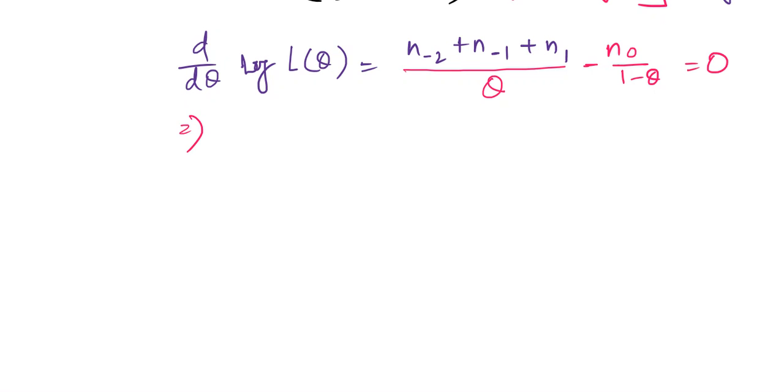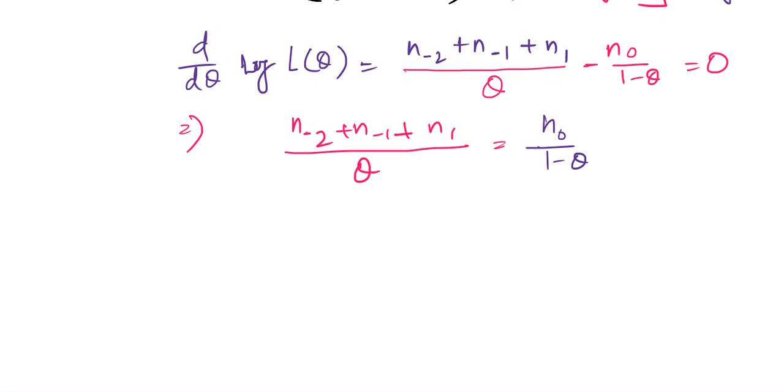Right, so that means n of minus 2 plus n of minus 1 plus n of 1 by theta equals to n naught by 1 minus theta.